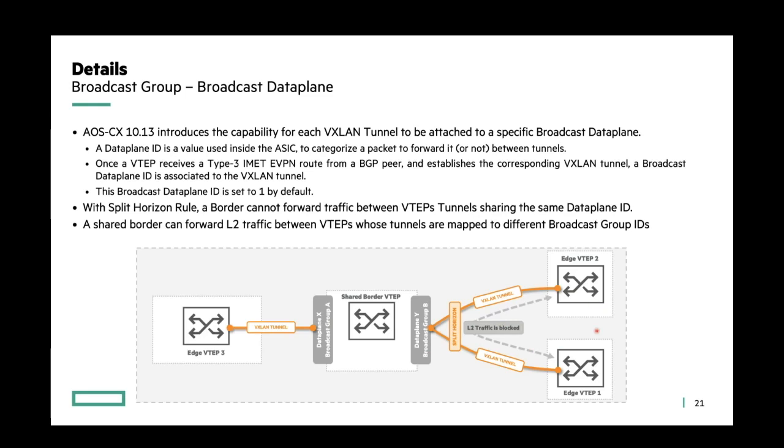But in the meantime, the edge VTAP number 3 is attached to a different data plane. So the layer 2 traffic from this VTAP is forwarded to the other VTAPs, 1 and 2, and the traffic coming from edge VTAP number 1 and edge VTAP number 2 is also forwarded to the edge VTAP number 3. That's because the child border is able to forward the traffic between 2 different broadcast data planes.